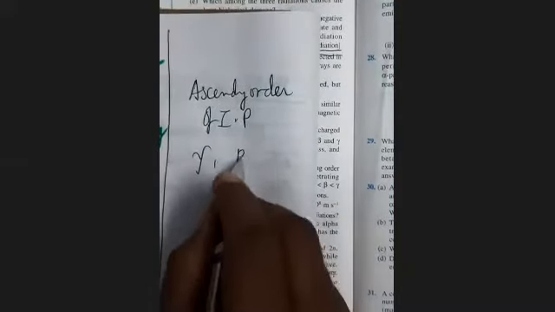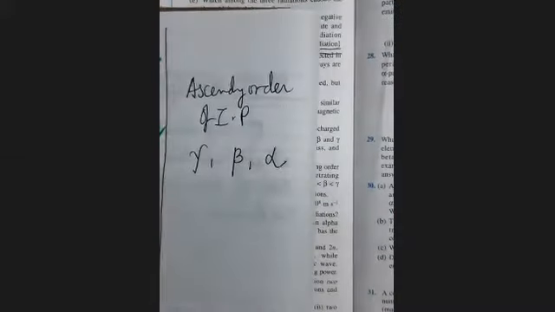So in ascending order of ionizing power, first you will write gamma, then beta, and then alpha.